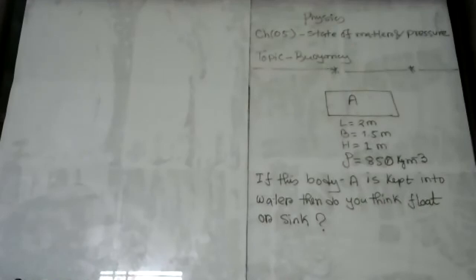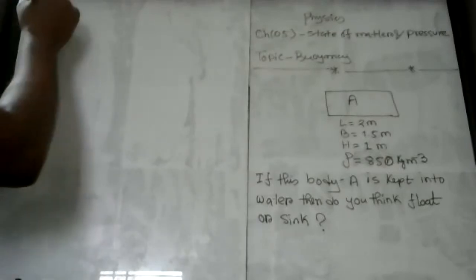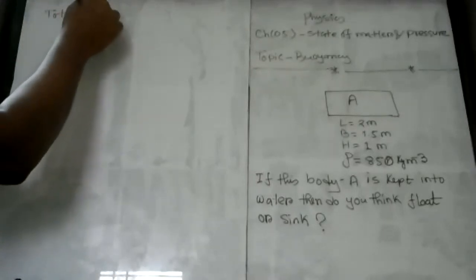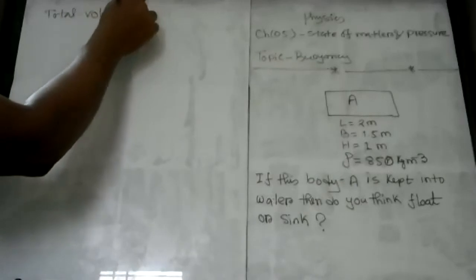Number 1 is buoyancy, and number 2 is weight. So before finding this out, at first I'm going to find the total volume of this body.